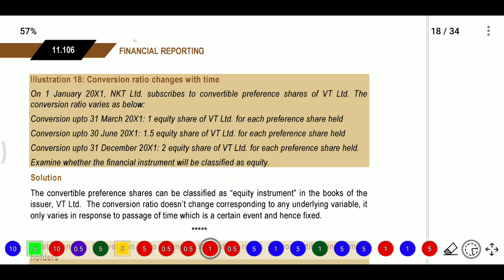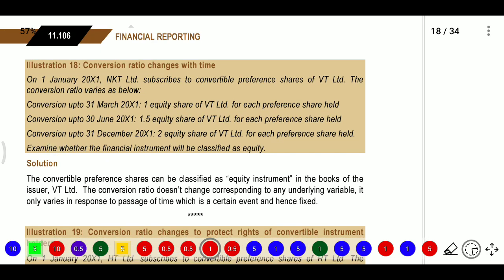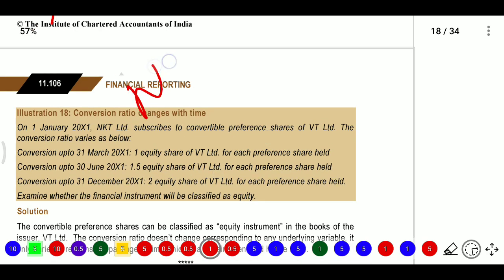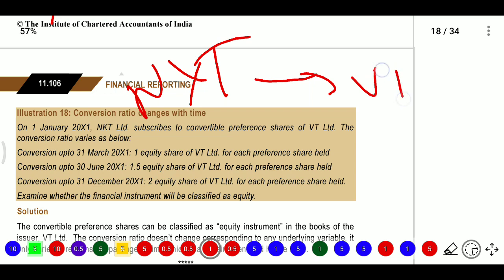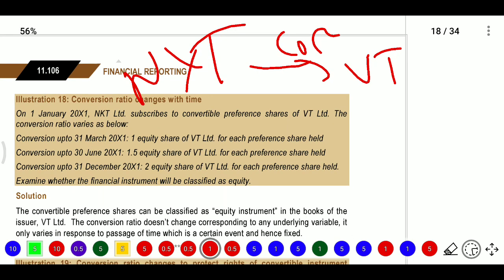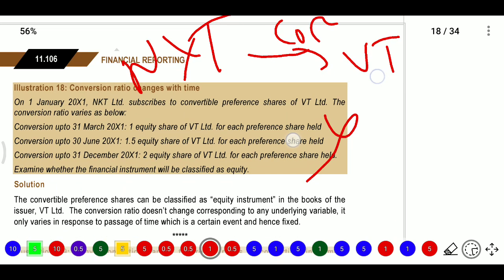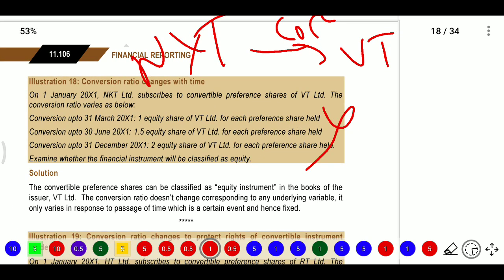Now question number 18. Here one company, NXT Limited, is there. For VT they provided convertible preference shares, and conversion ratios will be provided. Here they do not give any amount. When the amount is not given, it will become equity, because the amount we take is fair value.